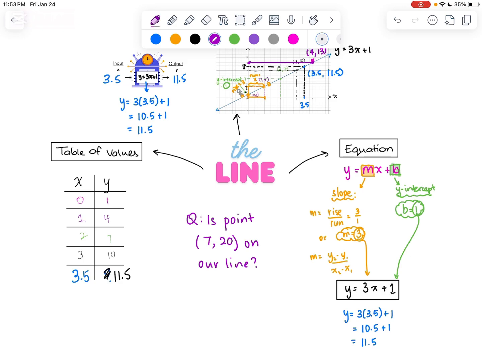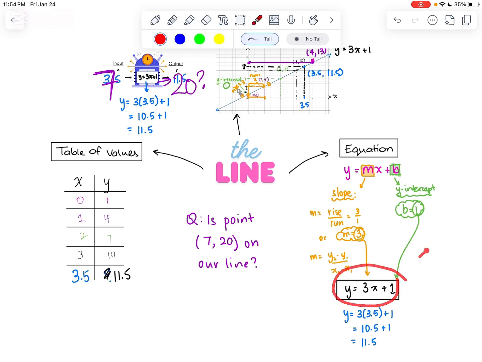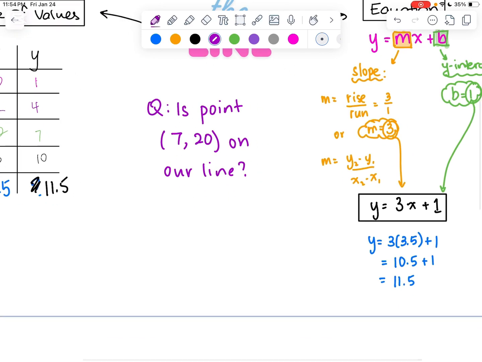It all comes down to the whole function is a machine, or the line is a machine, the equation is a machine. I want to figure out if I put in a 7, will a 20 come out? So again, how do I figure out whether that's true? It would only be true if that fits our equation. So let's test that out.